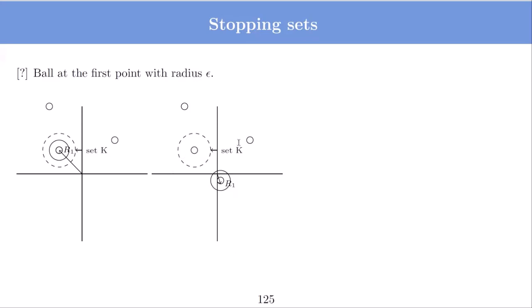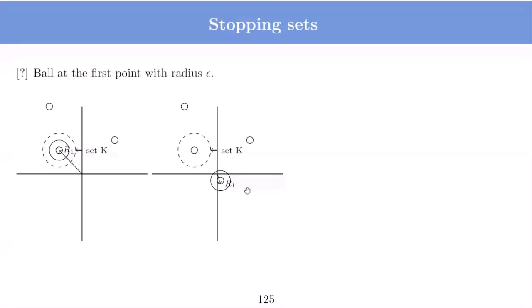To determine whether this point is the closest point or not, I need to construct a ball of the radius and then see if there is any point in that or not. So suppose there is a point here in K. To know that this is the closest point or not, we need the complete information in this ball.